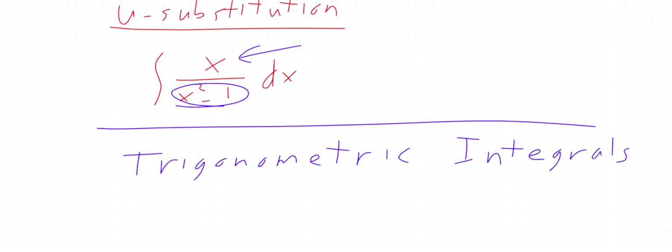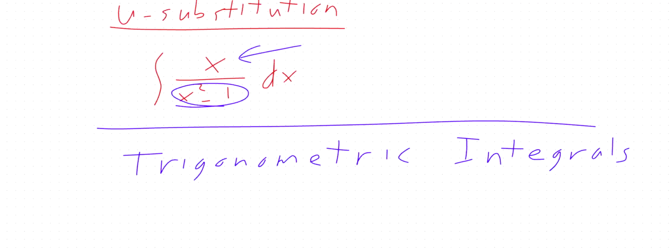Just multiplying sines and cosines with different powers. We know how to handle that. Are you multiplying your tangent and secants with different powers? We can handle that. Are you multiplying your cotangents and cosecants with different powers? Okay, we know how to do those.